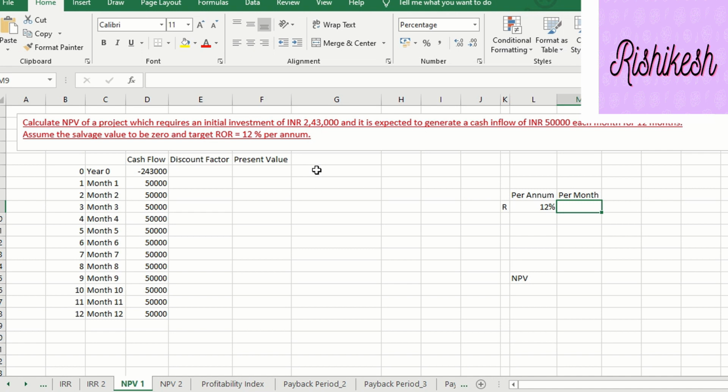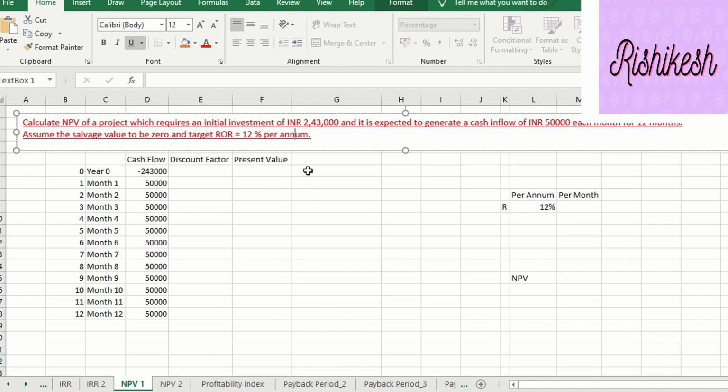Now let us see an example where we have to calculate the NPV of a project. The question goes like this: calculate the NPV of a project which requires an initial investment of 2,43,000 and is expected to generate a cash inflow of 50,000 rupees each month for 12 months. Now assume the salvage value to be 0 and the target rate of return to be 12% per annum.